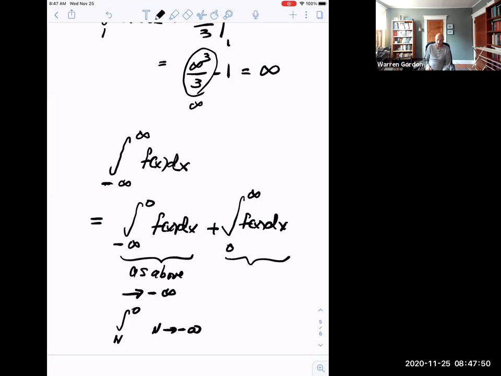And this one, you would work out as, say, from 0 to m, I'll call it m, it should be a different number, and let m go to infinity. In order for the original integral to exist, both of these integrals have to exist. And we'll have some examples of this when it comes to analyzing probability functions.